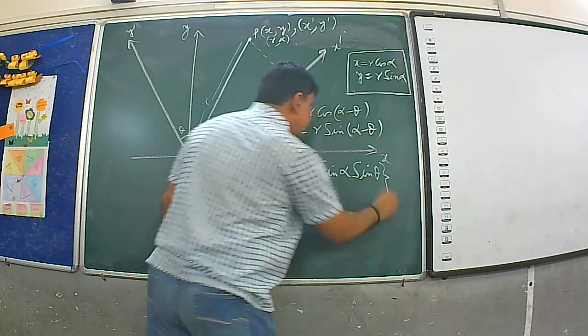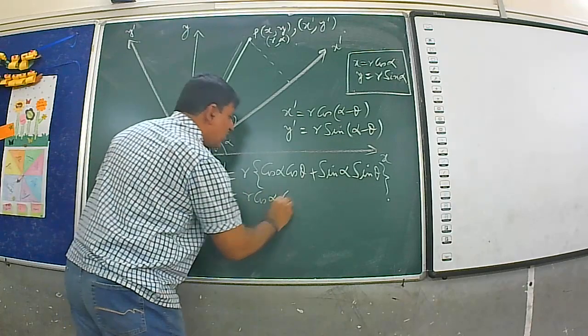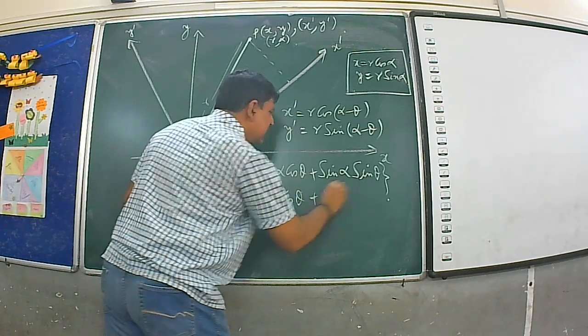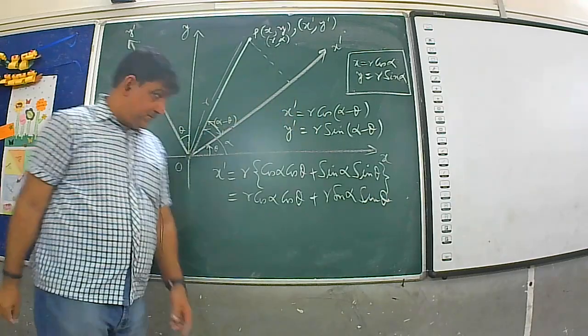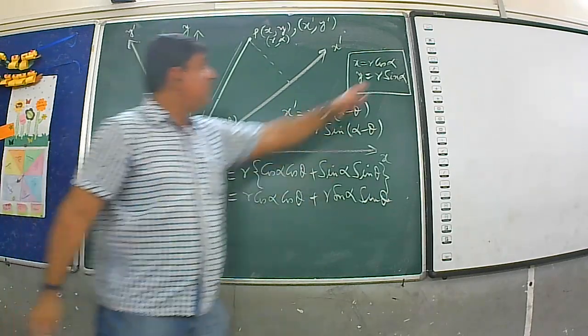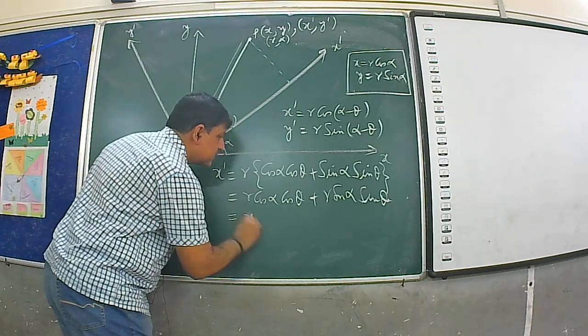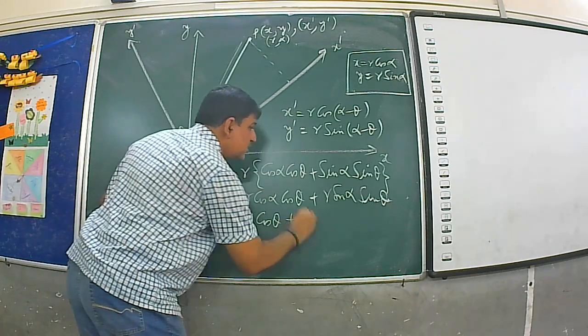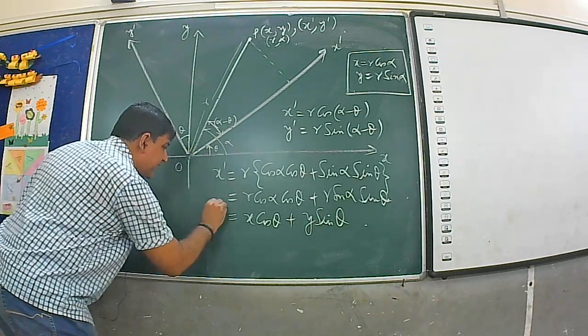Now if you open this bracket, you get r cos alpha cos theta plus r sin alpha sin theta. Now this r cos alpha you can write as x, so you can write x cos theta plus y sin theta, and observe this is the value of x dash.